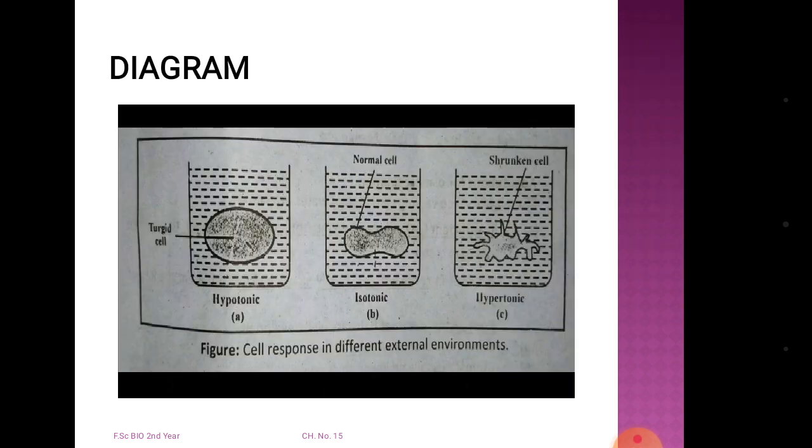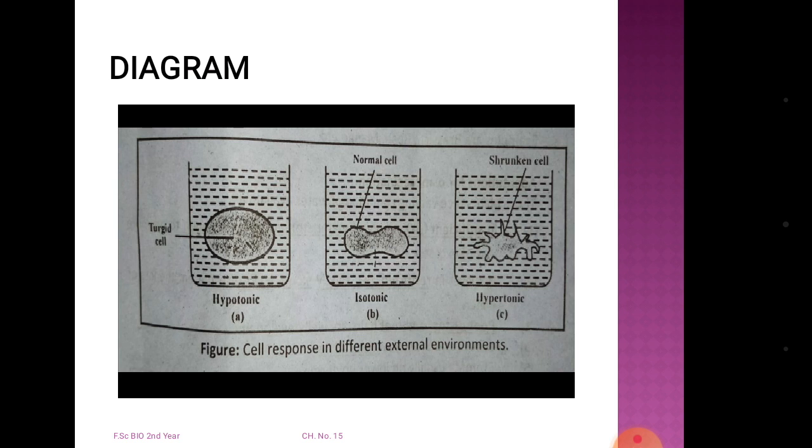Here we can see a diagram. A cell is placed in three different solutions: a hypertonic environment, a hypotonic environment, and an isotonic environment. In the case of a hypertonic environment, the cell seems to shrink because water molecules move out from the cell.